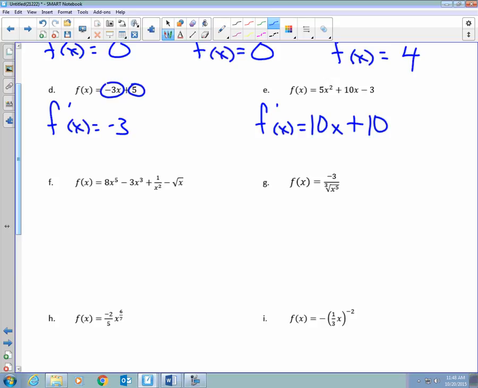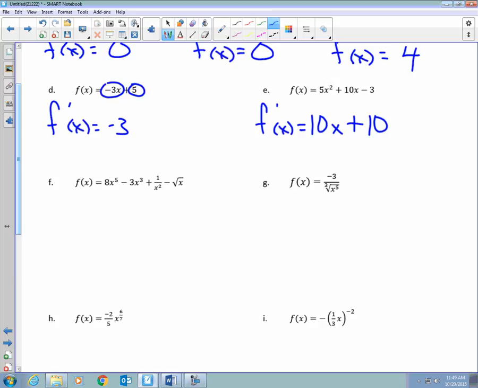Do you guys have your assignment from yesterday? Take that out and look at it. Look at the first 5 problems and check them to see if they're right. The first one says y is equal to negative 2x plus 5. What should the derivative be? Negative 2. Second one is y equals 3 plus 4x. Derivative should be 4.